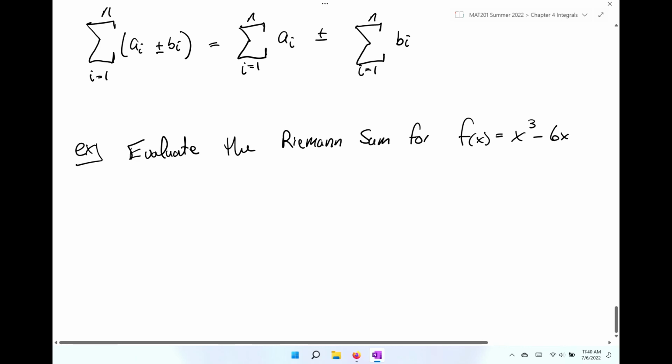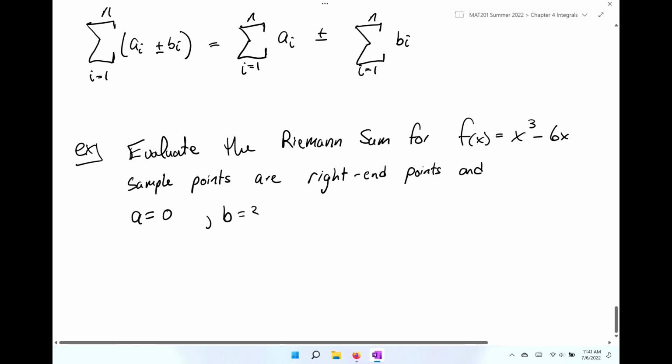My sample points are right endpoints. And I'm starting off at a equals 0, going to b equals 3 with n equals 6, or 6 rectangles is what I want.